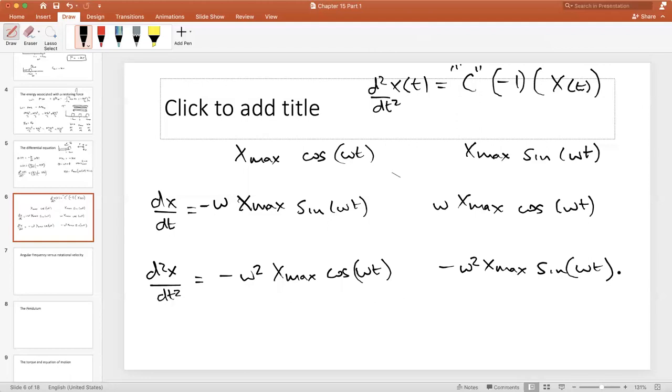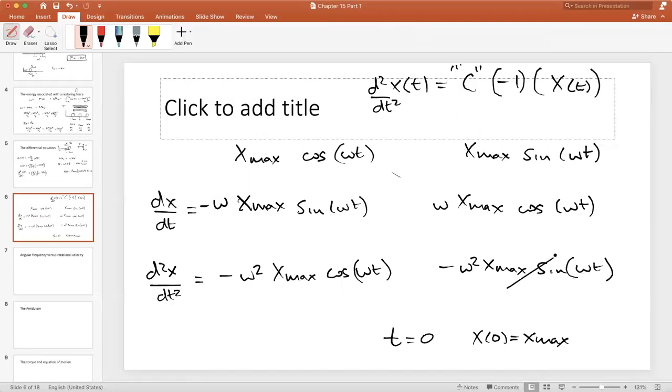And so you might say, oh, they both work. My c here is omega squared, and I have a negative x max cos omega t, which was my x of t, or I have omega squared and a negative x max sine. Either one works. But we're going to assume that since t was 0 and x of 0 had to be x max, let's look at this.